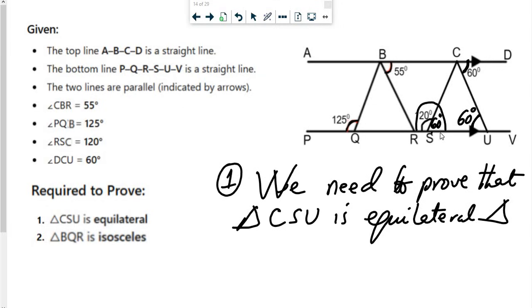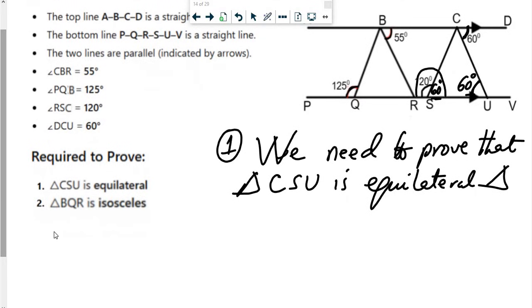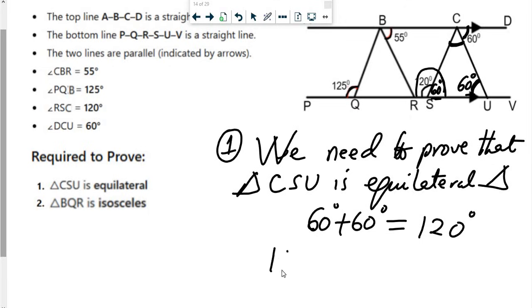So 60 plus 60 is 120. A triangle has to give you 180, so the third angle is 180 degrees minus 120 degrees, which is 60 degrees. Meaning this angle is also 60 degrees.